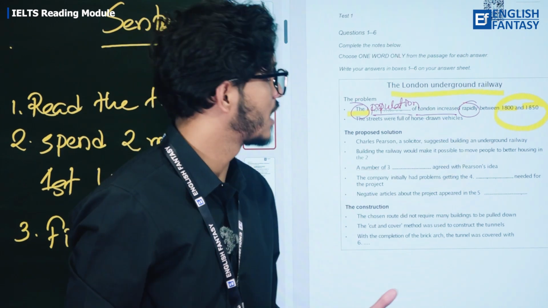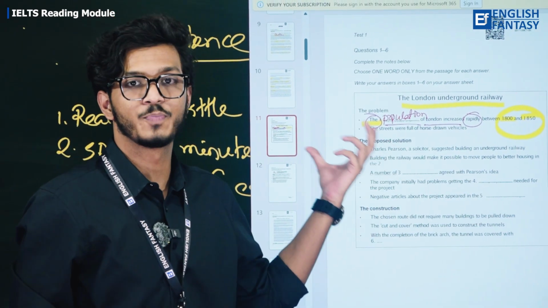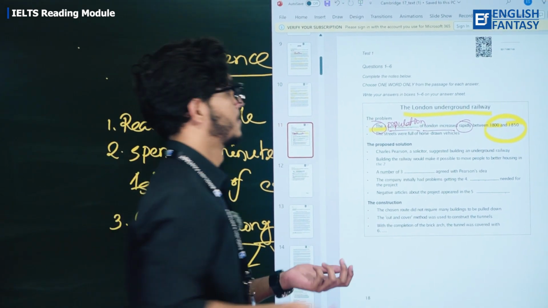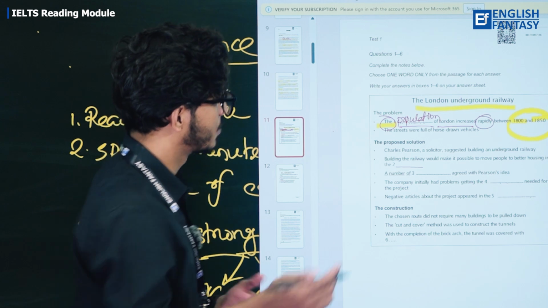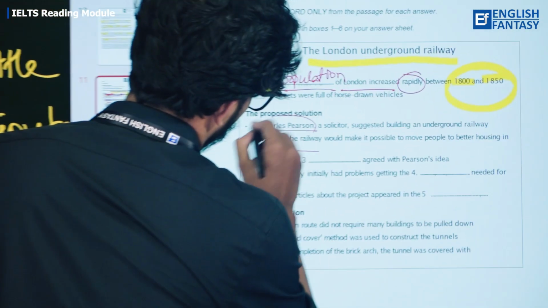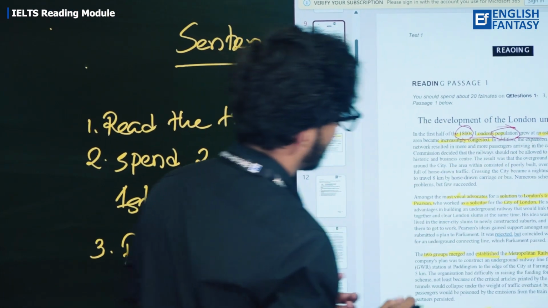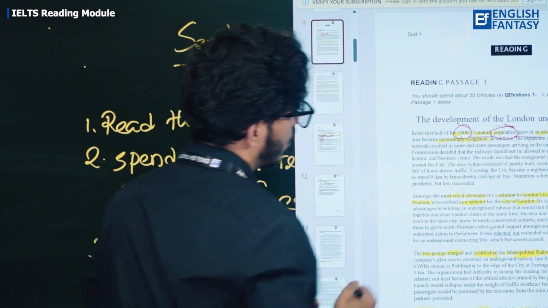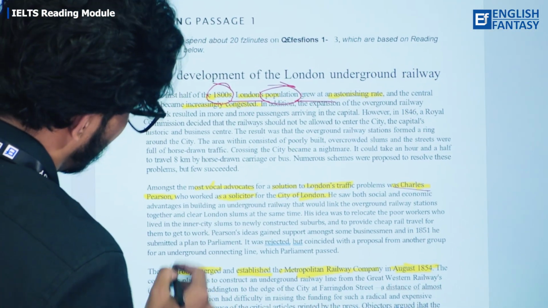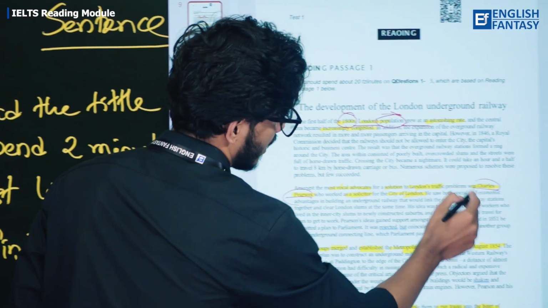Hope you guys understand how we can find a keyword and the answer. It was pretty easy to find the location, and after that we can easily solve it. So let us solve the second one. The main keyword here is Charles Pearson. Those who actually read the first line of each para, I think you get it, and it should be from the second para. They mention Charles Pearson, and it was quite easy to find the location.